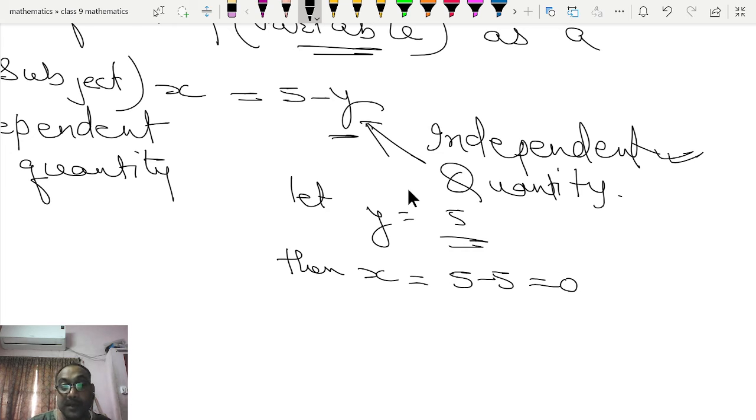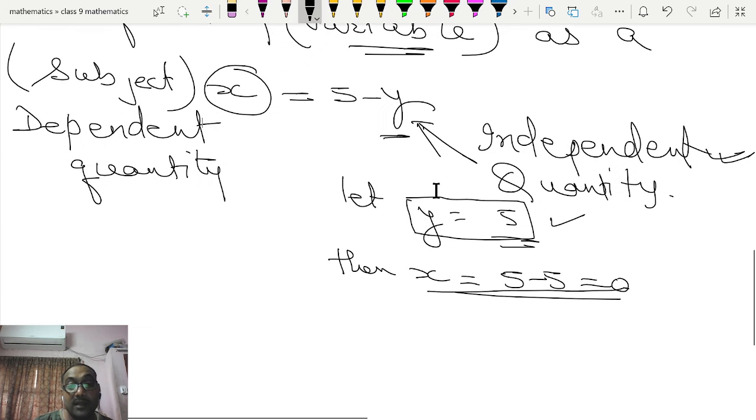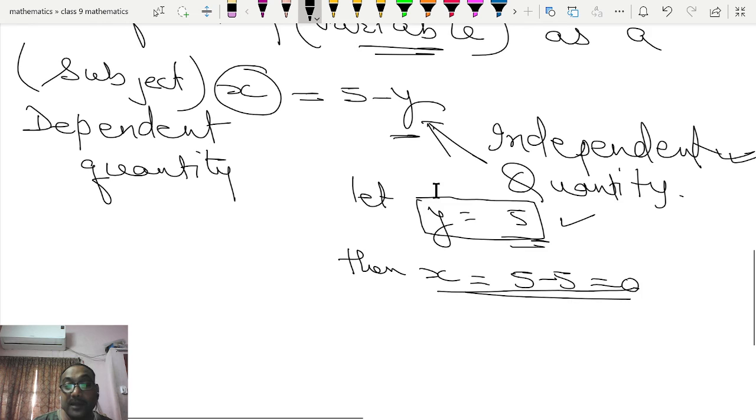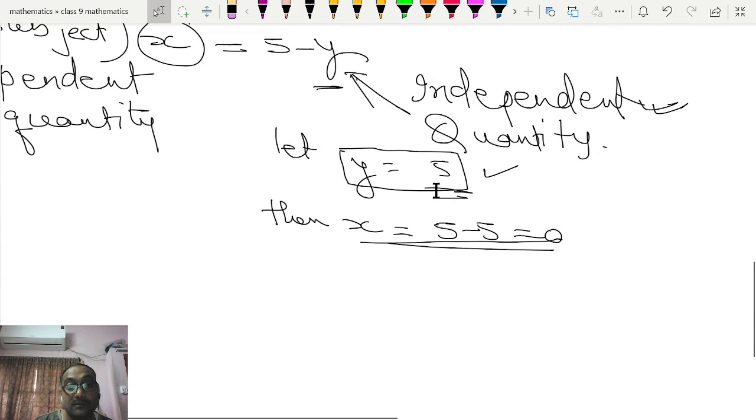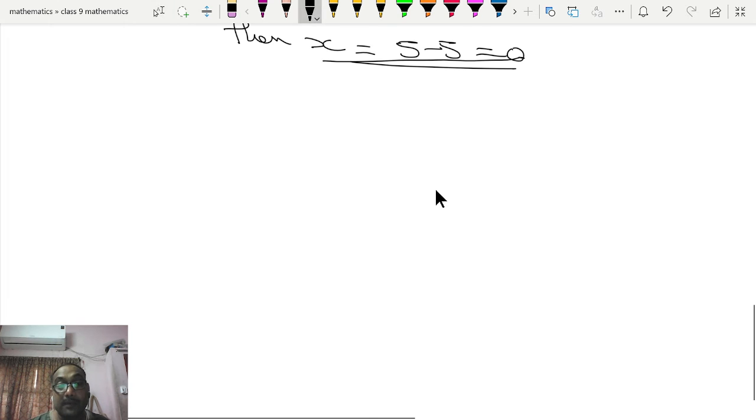You can independently put the value of y, and only on the basis of y you may find out the result of x. That is why x is called the dependent and y the independent quantity. Got it?